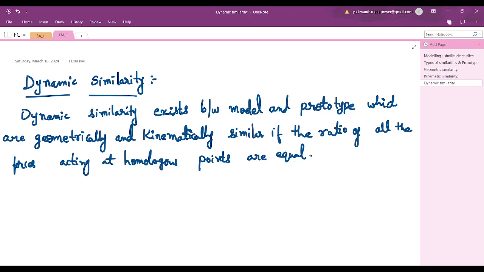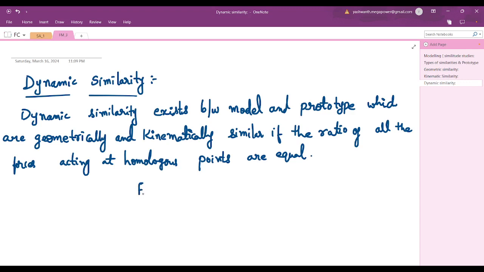So what does it mean? For us to apply dynamic similarity between model and prototype, first the model and prototype should satisfy geometrical and kinematic similarity between them. Now what is meant by dynamic similarity? At all the homologous points we have considered, these force ratios should be equal. As we have discussed, there are 6 types of forces, and all those forces should be equal.